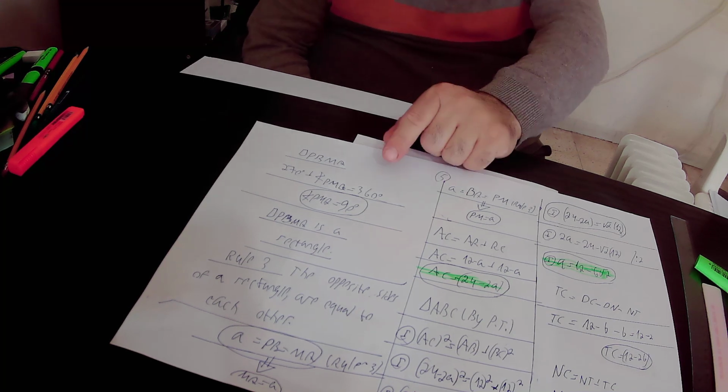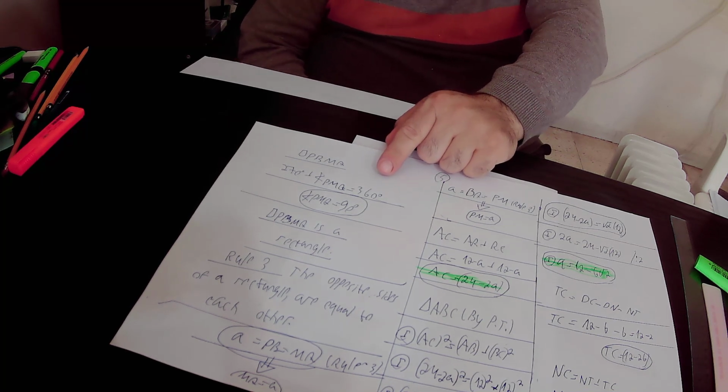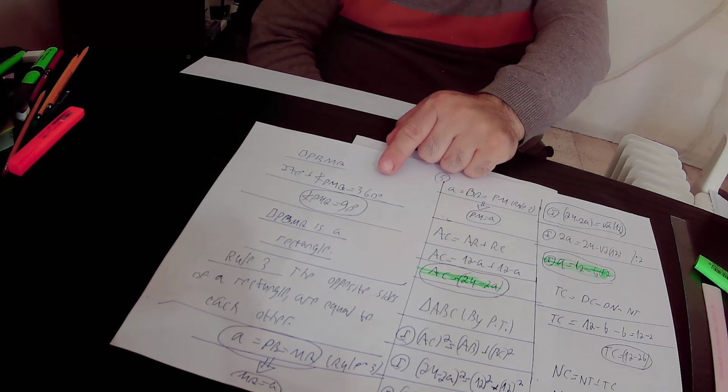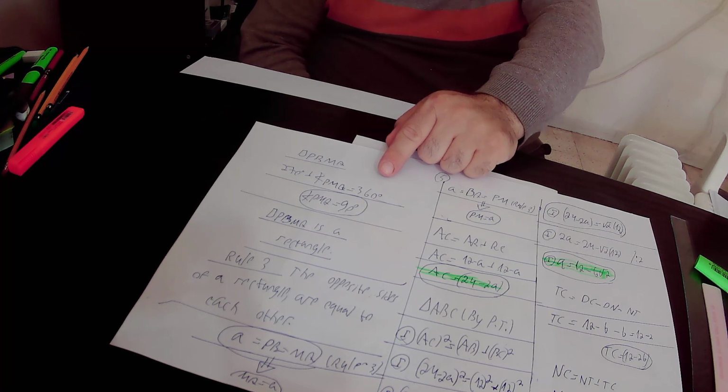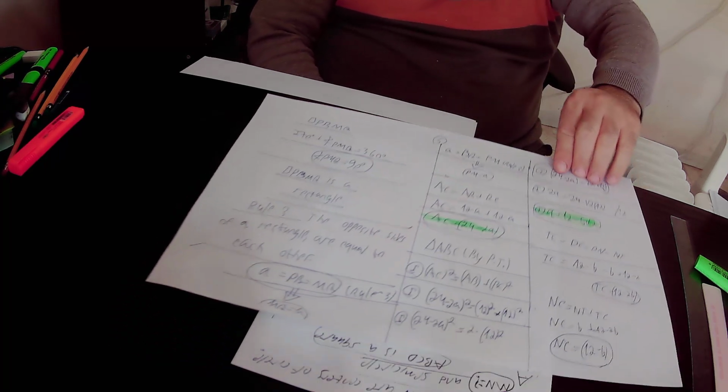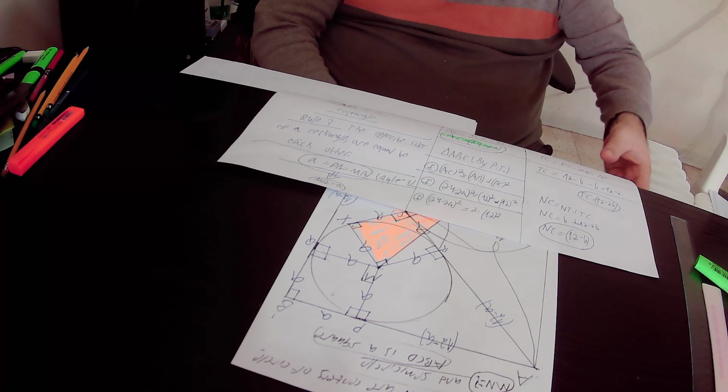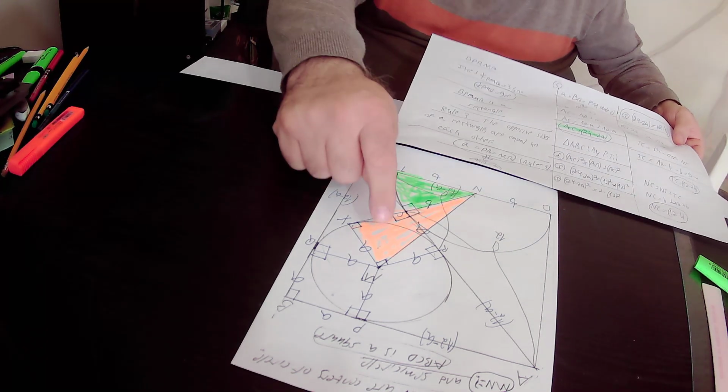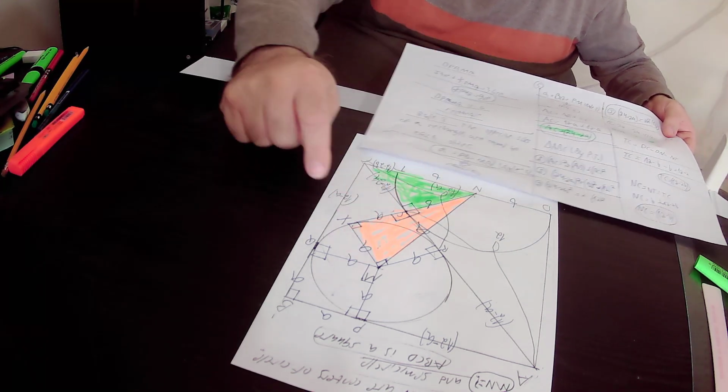We subtracted 270 degrees from this equation and we got that angle PMQ, the missing angle, is equal to 360 degrees minus 270 degrees. That is to say it equals 90 degrees. So this angle equals 90 degrees.